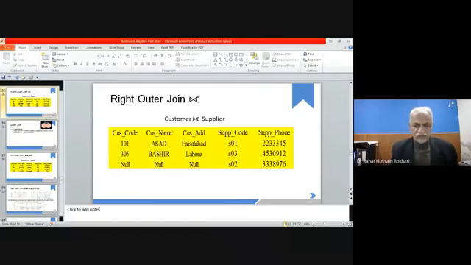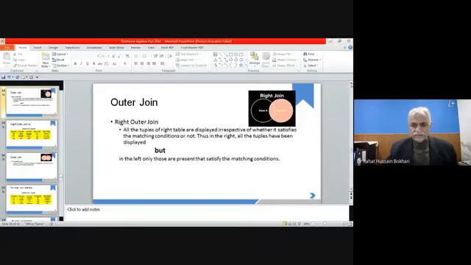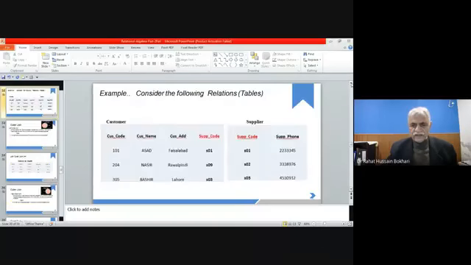So this is a right outer join. We have kept these three rows from the right table, the supplier code and supplier phone, as they are. S01 and S03 were matched, so their rows are here. But this is S02, and on the other side there was another value, that is S09. This S02 and this S09 were not matching.